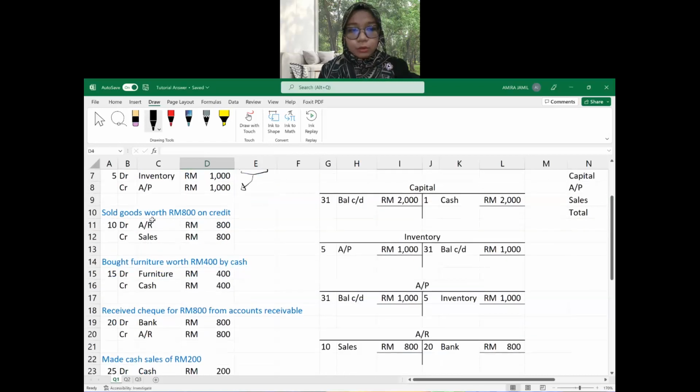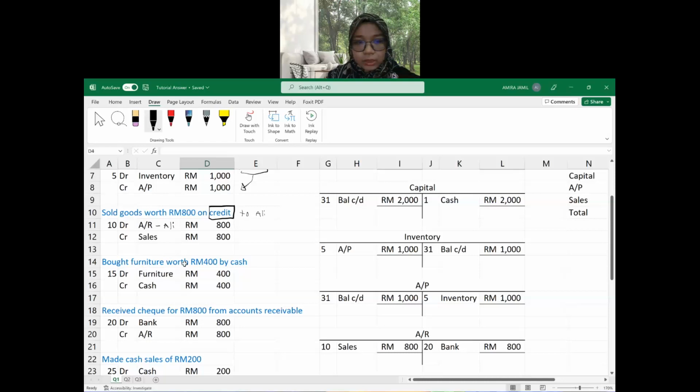Then sold goods worth 800 on credit. You sold goods, so we must have a sales account. On credit means he owes us, so debit account receivable 800, credit sales. If they tell you it was sold to someone, to Ali, you should write AR, account receivable, Ali.